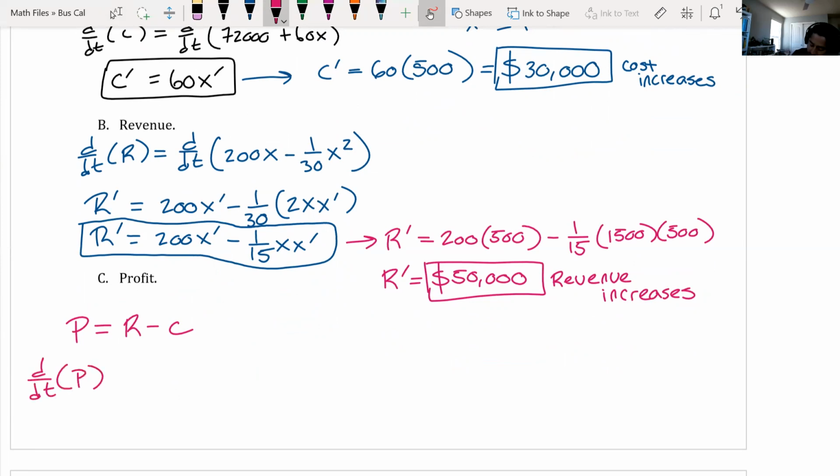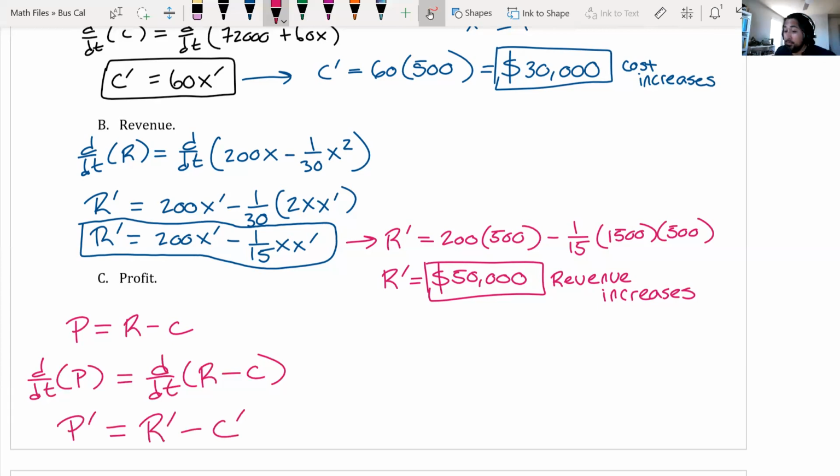We're going to say d over dt of P equals d over dt of R minus C, and this is going to give us P prime equals R prime minus C prime.